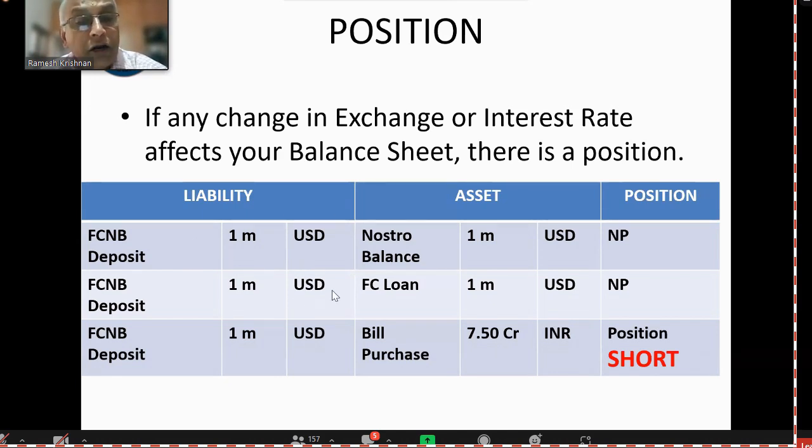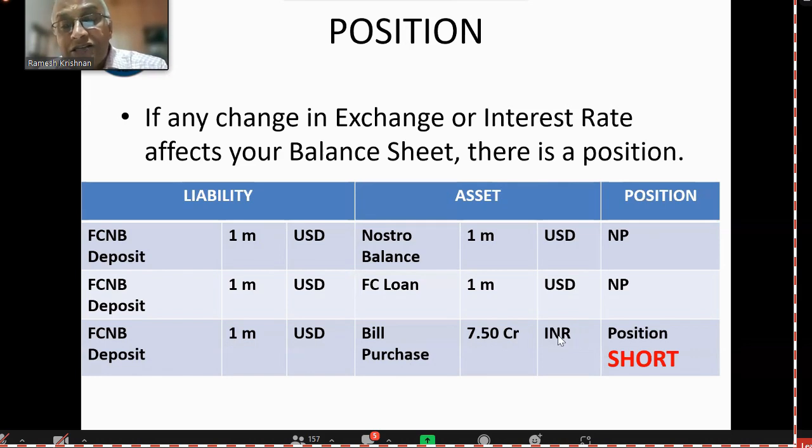Now, $1 million liability, you give a $1 million foreign currency loan, PCFC in dollars. Are you happy or unhappy if dollar moves from 80 to 85? Either way, you are neutral. No position, neutral, because asset and liability are in the same currency. Now, you do a rupee bill purchase by selling the dollar outright, and at USD INR 75, 7.5 crores you got, by which you discounted a bill.